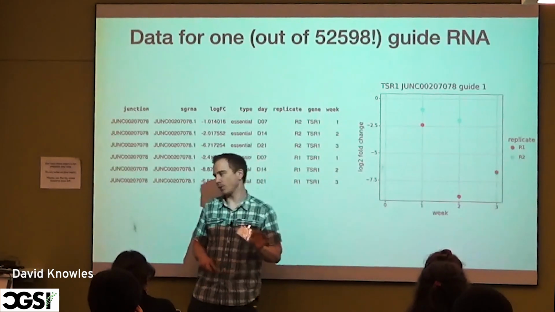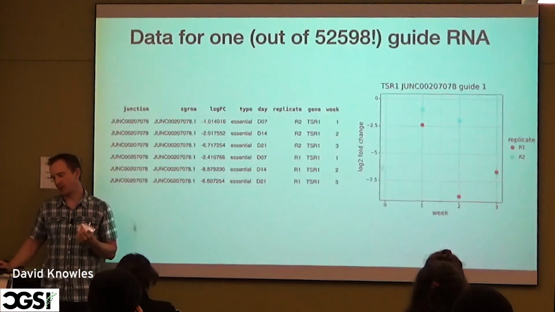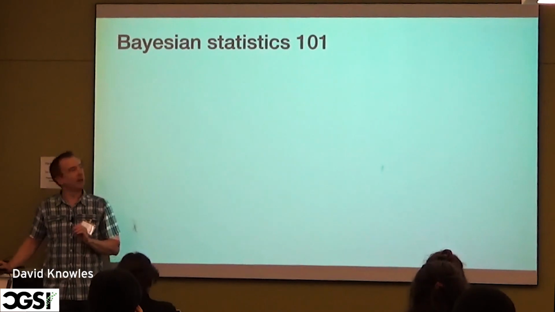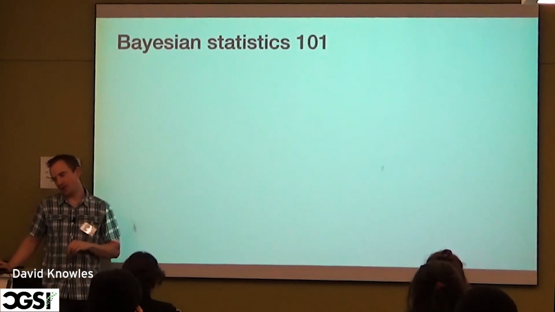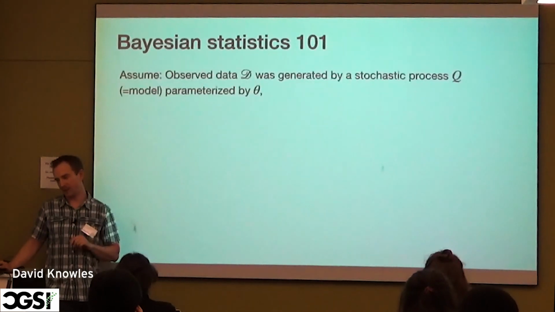And so that motivates trying to be Bayesian and careful about uncertainty in terms of quantifying how well this actually worked. So we're going to be Bayesian, which means we're going to think about all the uncertainty in our data.